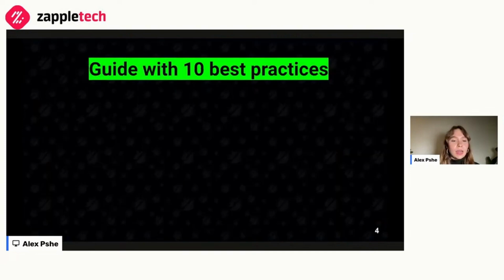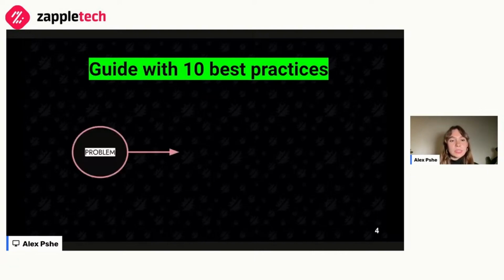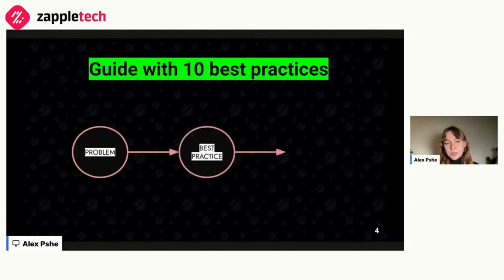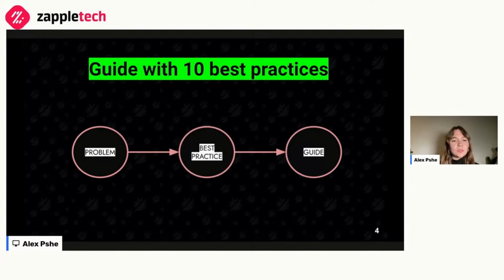I prepared a guide with 10 best practices, and we will go with this particular plan. We will discuss the problem, then the best practice, and then some steps for how to introduce this best practice into your project.